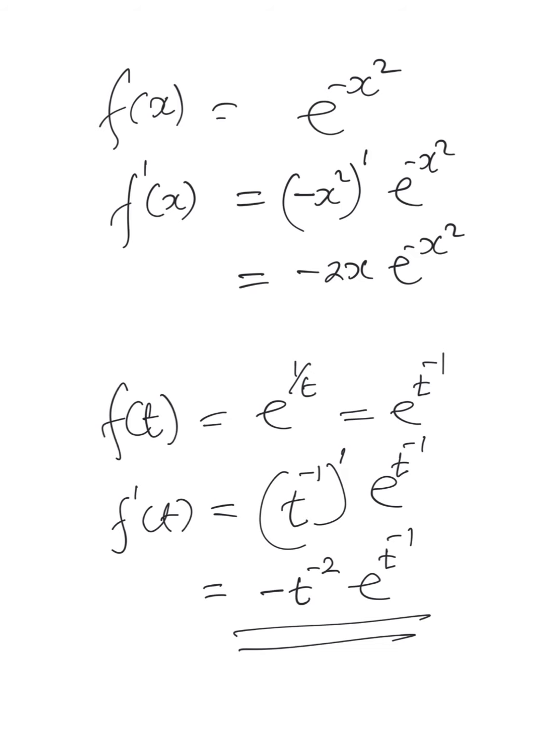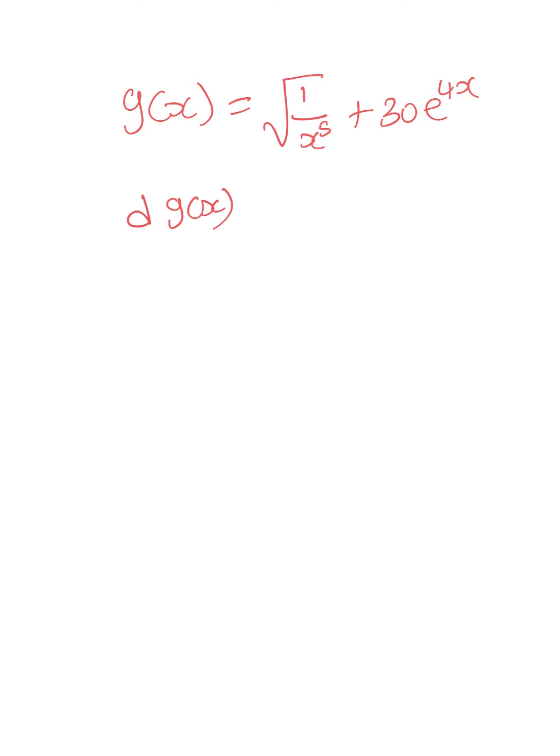Then the next thing we have to do is to look at the questions given to us. We were given a question: g of x is the square root of 1 over x to the power 5 plus 30e to the 4x. So we want to get the derivative dg by dx. I write this as x to the minus 5, then to the half, plus 30 e to the 4x.